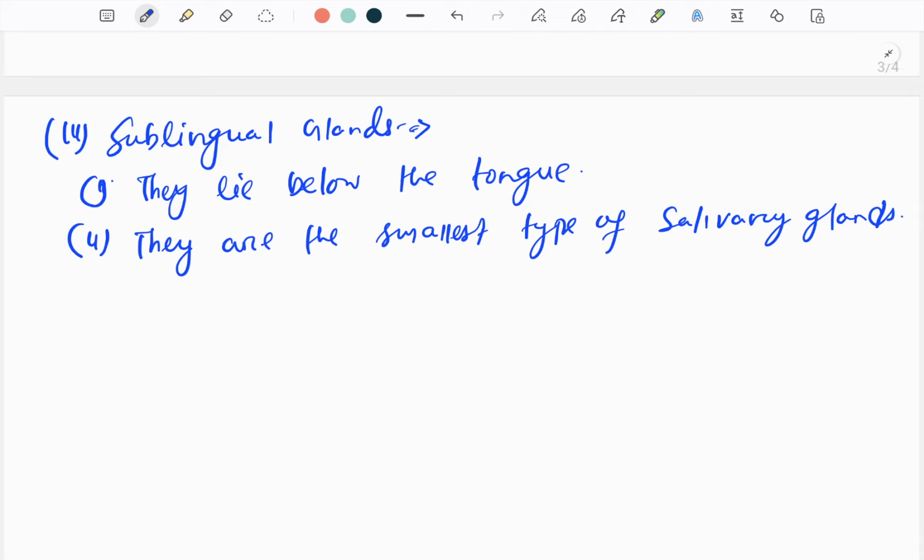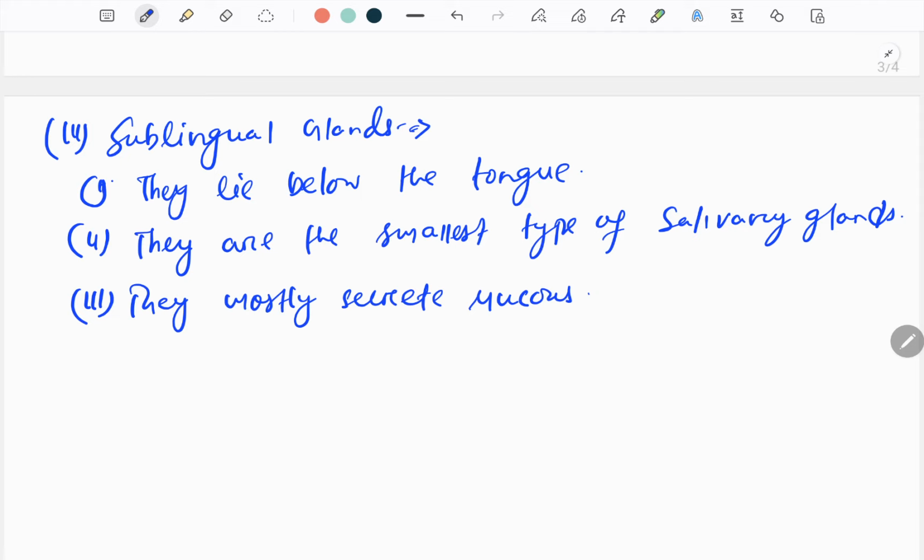Parotid glands contribute up to 20% of saliva. Submandibular glands contribute up to 60% of saliva secretion in the buccal cavity. Sublingual glands mostly secrete mucus.